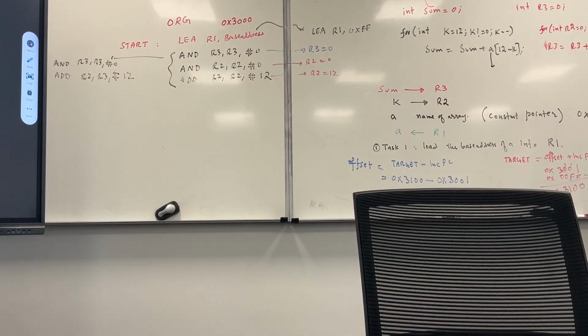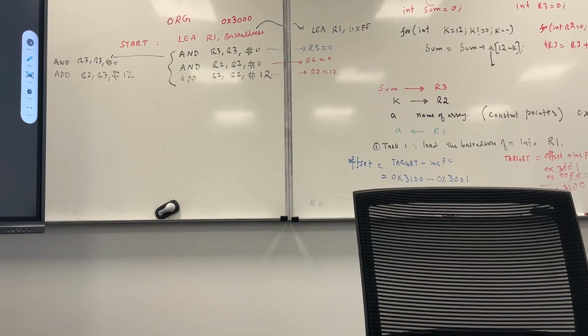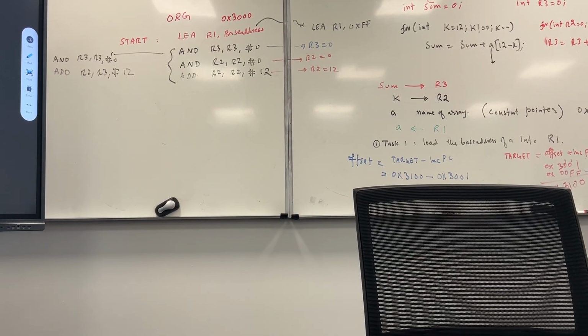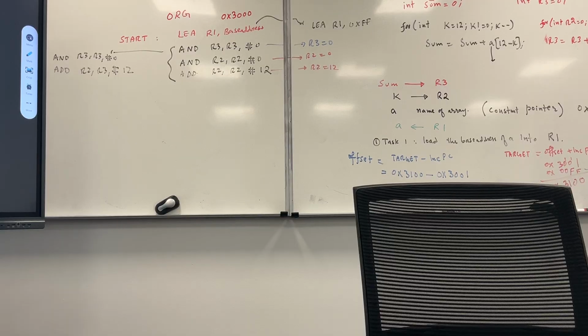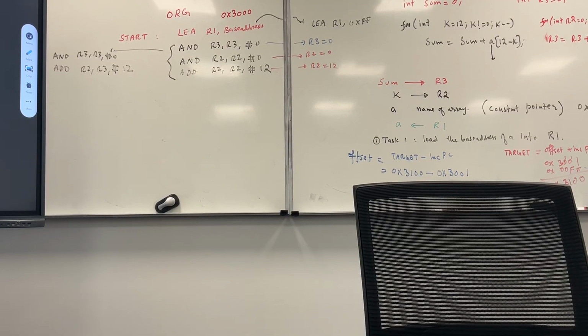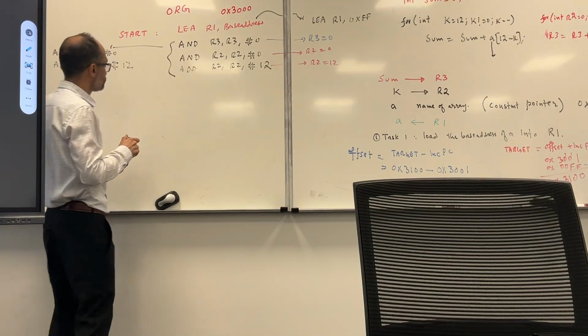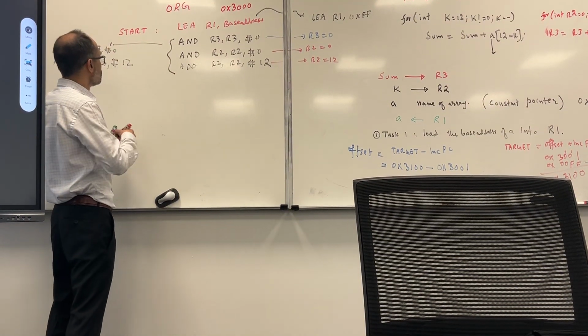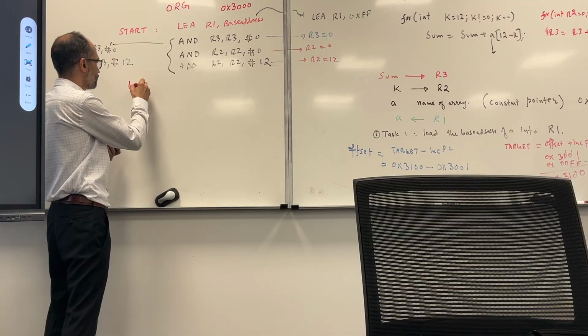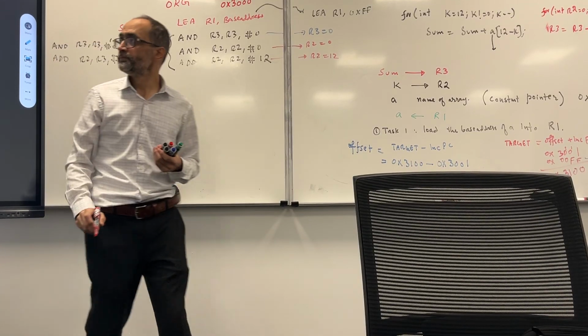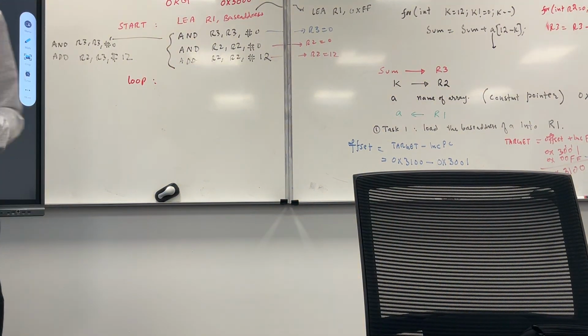Okay, now what is another objective? What should we do now? We want to have a loop. Now loop is a label. Can you see here?